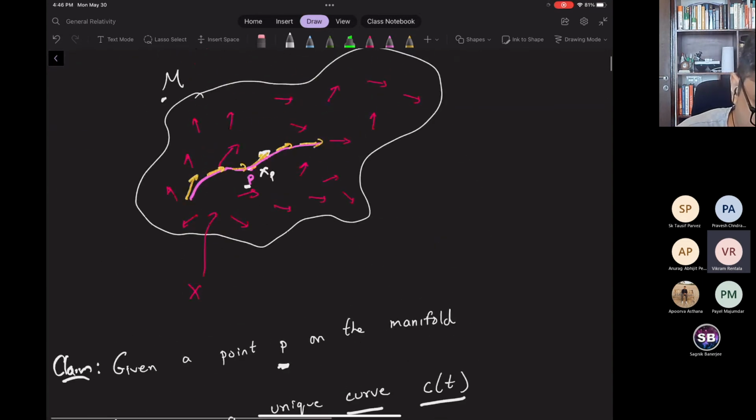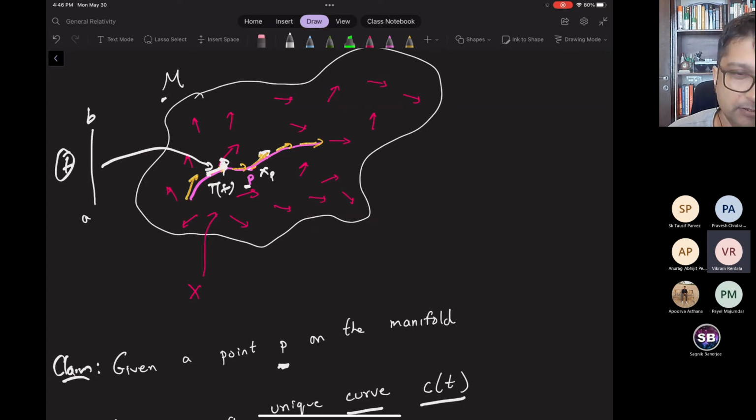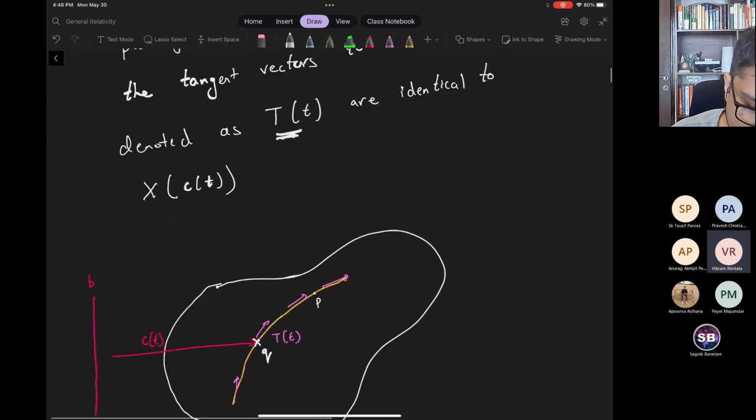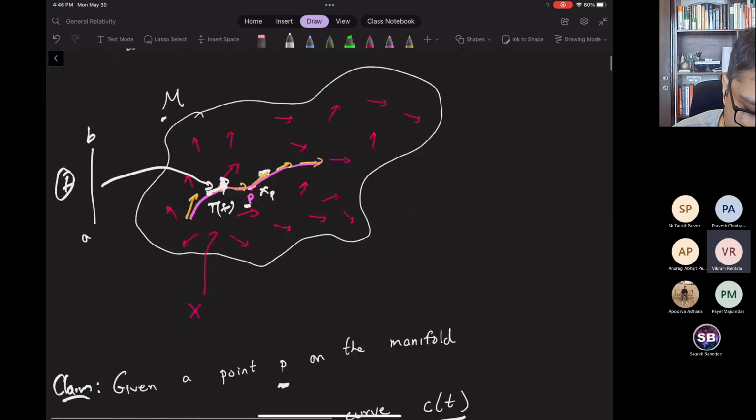Which means if there is some t from A to B, given a value of t, I map to some point on this magenta line. At each point, given a value of small t, I'll tell you which point I'm at, and then I construct the tangent vector to this curve. That's T of t. This tangent vector T of t is identical to X, the vector field at that point.